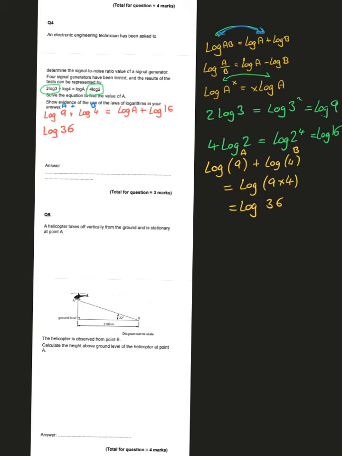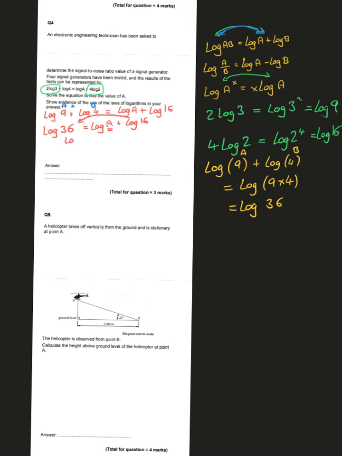Okay, so if I write it all out, log 36 is equal to log of A plus log of 16. I'm still trying to get this A by itself. So we're going to bring this log over.